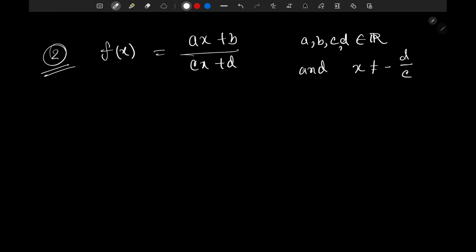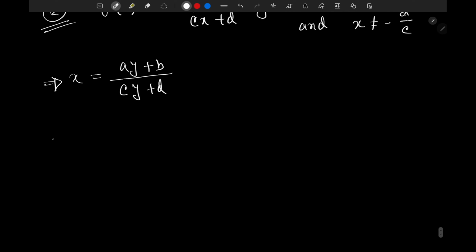Now again, we want to solve for the inverse function. So how do we find the inverse function? Again, interchange x and y. So you have something like this. Now you do some cross multiplication. You want to solve for y, so you have cyx plus dx equals ay plus b. Now we put all the y's over here.